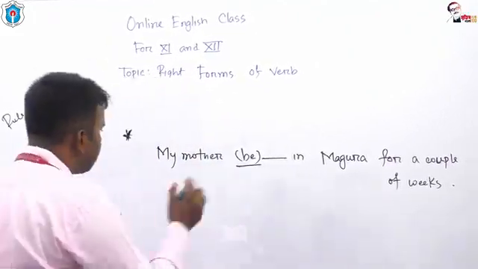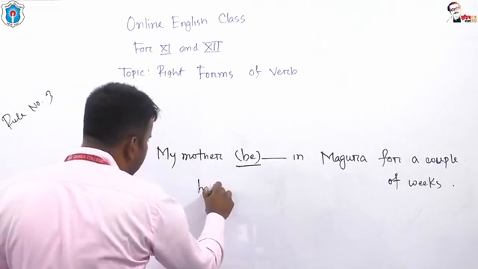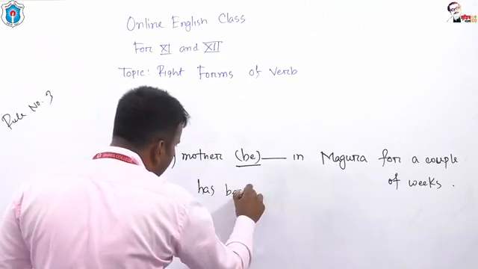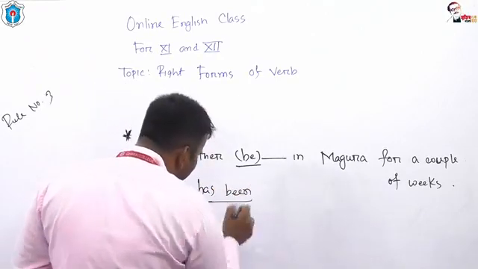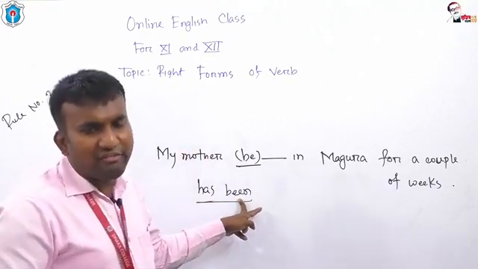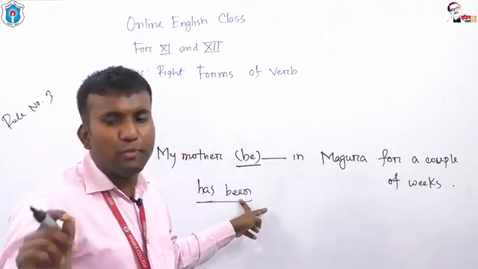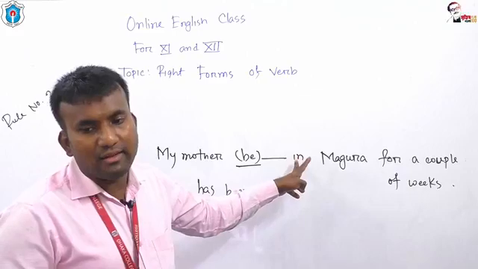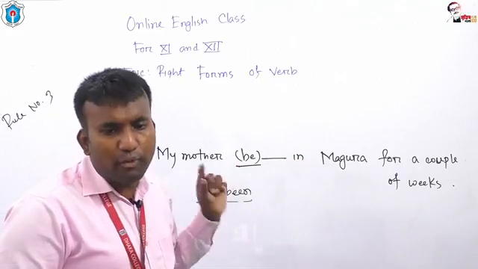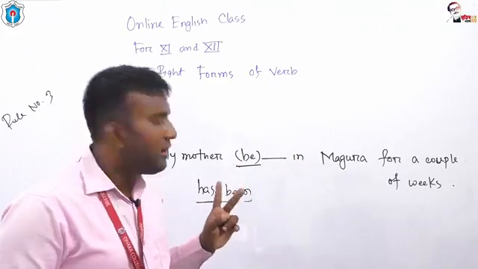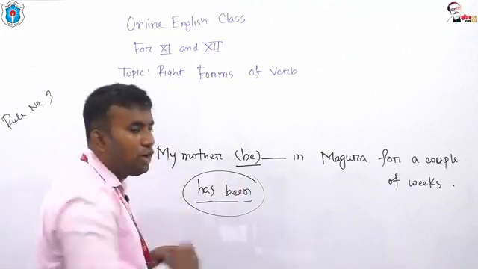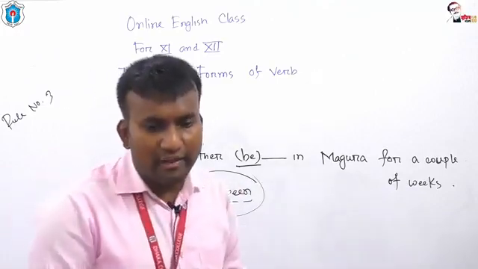Here present perfect tense will require has, then been. After the be verb, you can't put ing with be. You have to stop here. Okay.